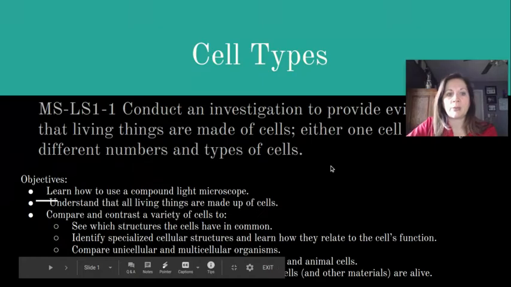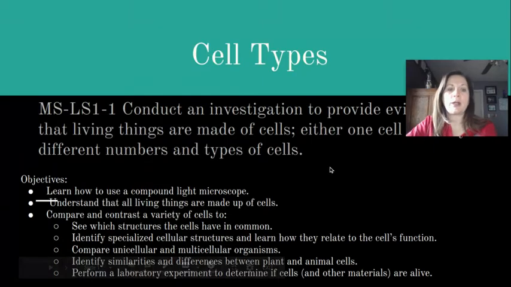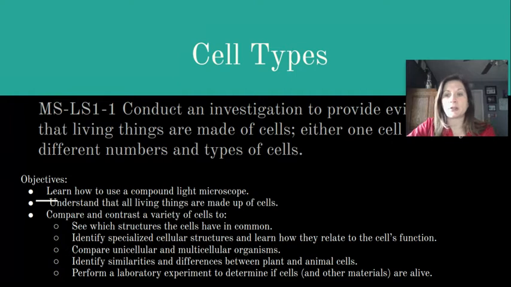All right, so our objectives: we're going to learn how to use a compound light microscope. I know that you guys have already had experience with that in the class, but I have some exciting news because I found an online microscope that you're going to be using today. So we'll go over how to use that.